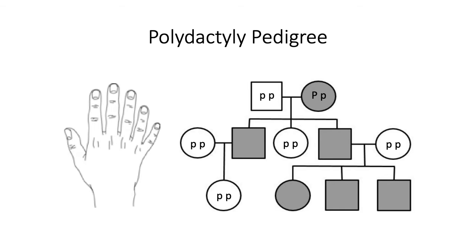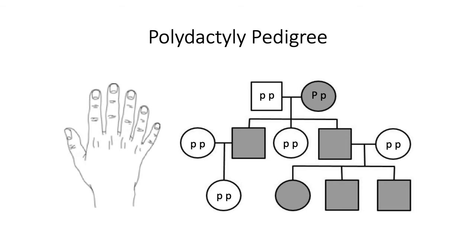Now let's look at the grandmother's other 2 offspring, the filled in squares in the middle row of the pedigree. These are 2 males with polydactyly. We have the same question. Do these individuals have a big P, big P genotype or a big P, little p genotype?